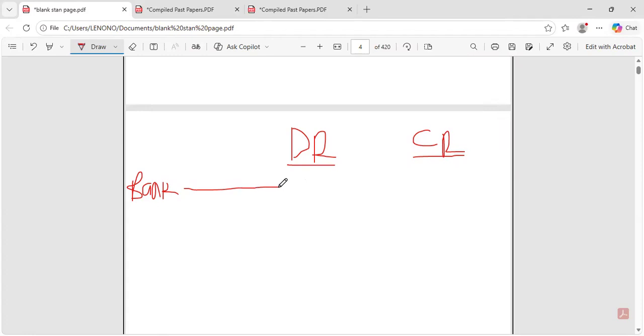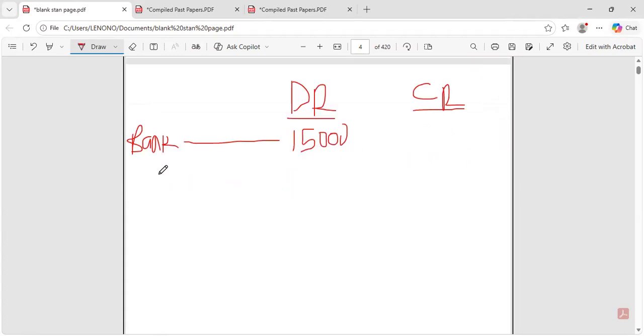So bank comes here, 15,000. Then we have what else? Cash is 3,000.